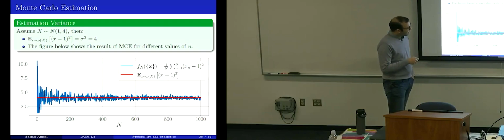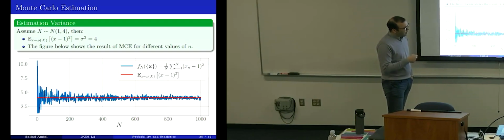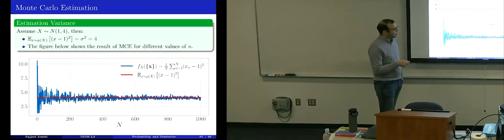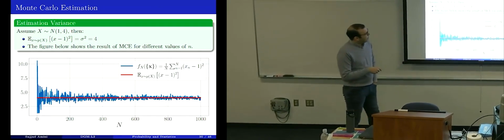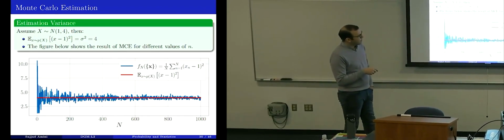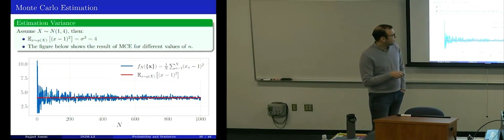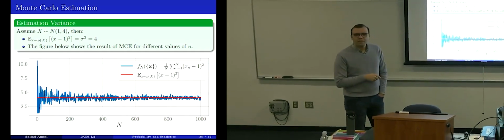In this curve, the red curve is the true value of the expectation, and the blue curve is my estimate using Monte Carlo estimation. As you can see, for a small n, you have a high variance around your true value, but as you increase n, it is a better estimation of the true expectation.